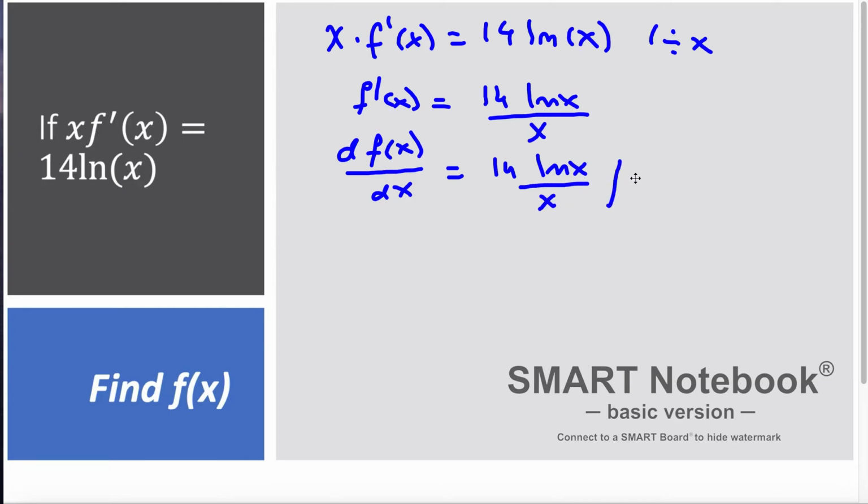If we multiply everything by dx, now we have d f of x is equal to 14 ln x divided by x times dx.